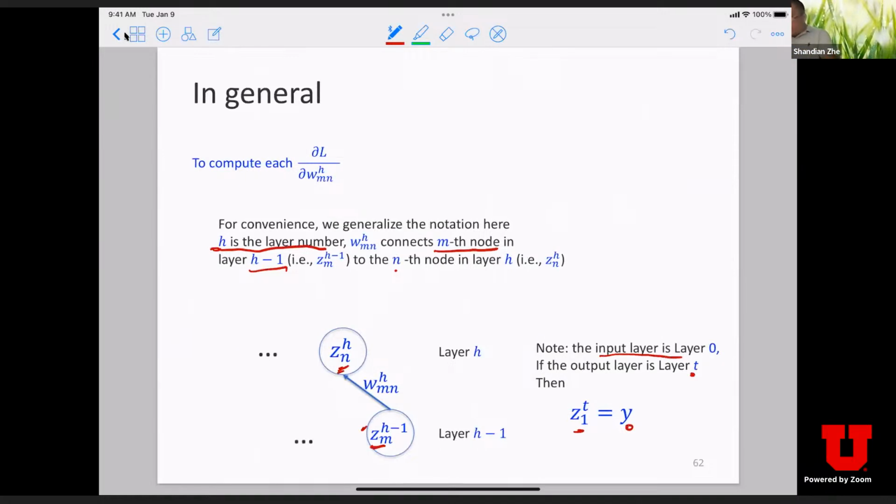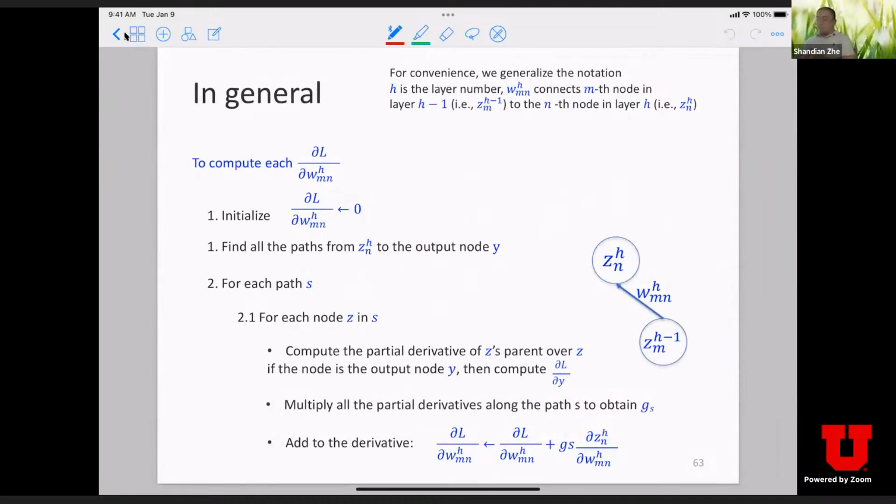And in general, how do we compute this partial derivative? Here's the procedure. First, we initialize the result to be 0.